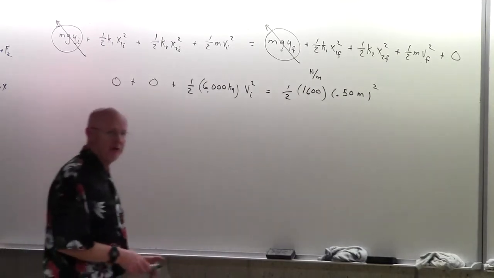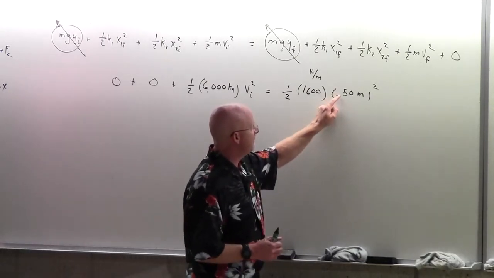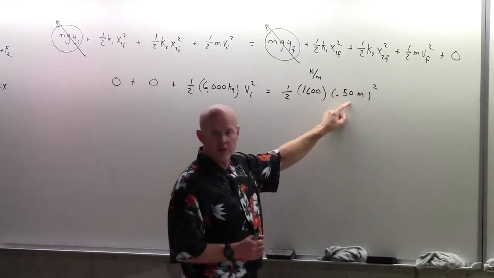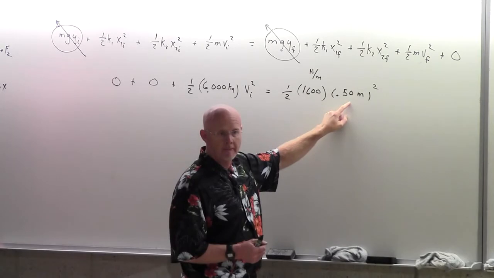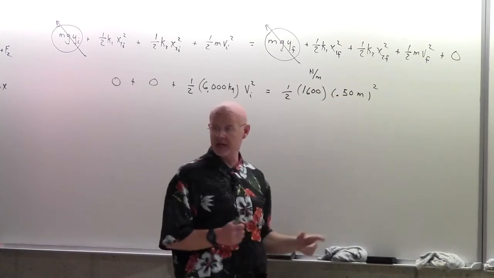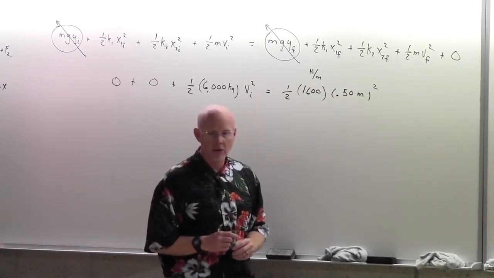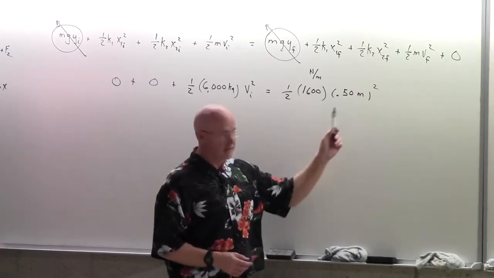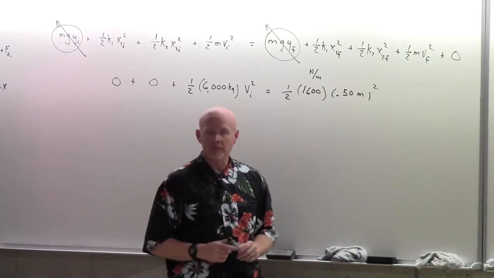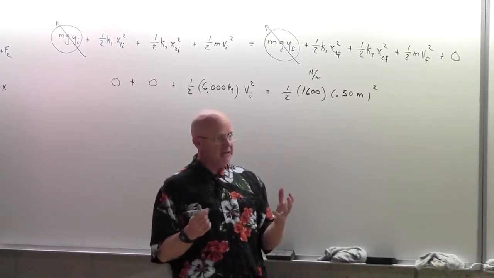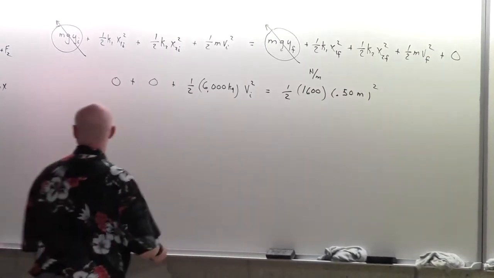Oh, by the way, would this be a positive or negative 0.5 meters? Okay, you say it doesn't matter. I agree. Why doesn't it matter? Mathematically I'd say it doesn't matter because I'm squaring it. Physically I'd say it doesn't matter because, again, back to Hooke's law.